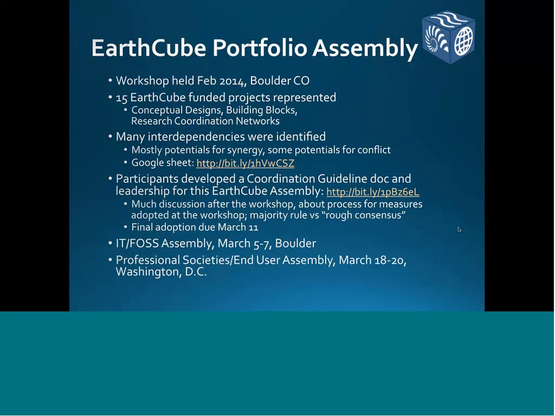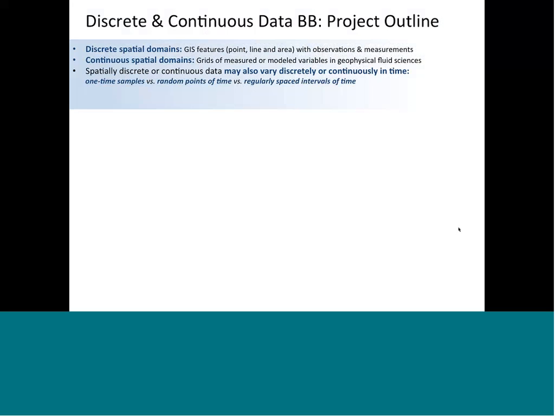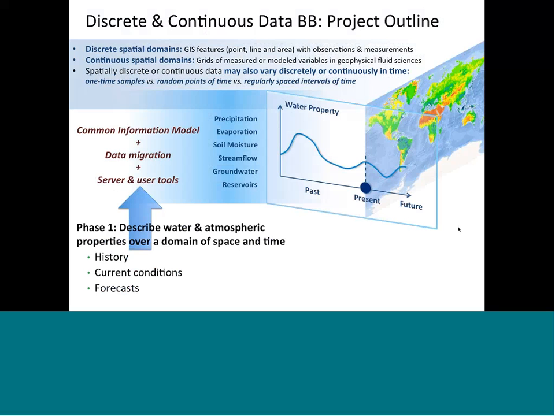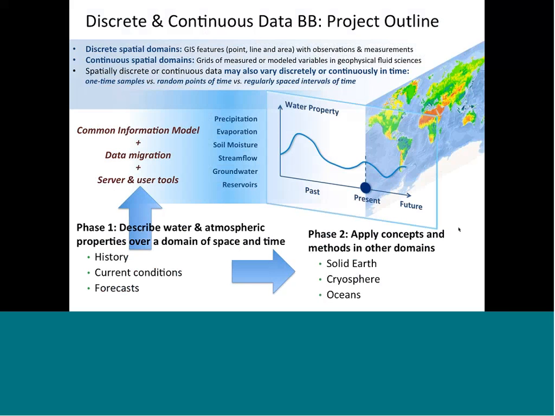So these are some particular assembly groups that are meeting, and the one I represent is the one called Integrating Discrete and Continuous Data. It's a building block on integrating discrete and continuous data, and what I've got here is one of my 2 lightning slides that kind of captures most of the project in a nutshell.